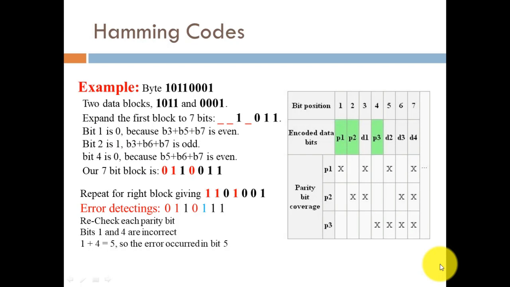So our 7-bit block turns out to be 0, 1, 1, 0, 0, 1, 1. Here 1, 0, 1, 1 are the actual message bits, and 0, 1, 0 are the evaluated parity bits.